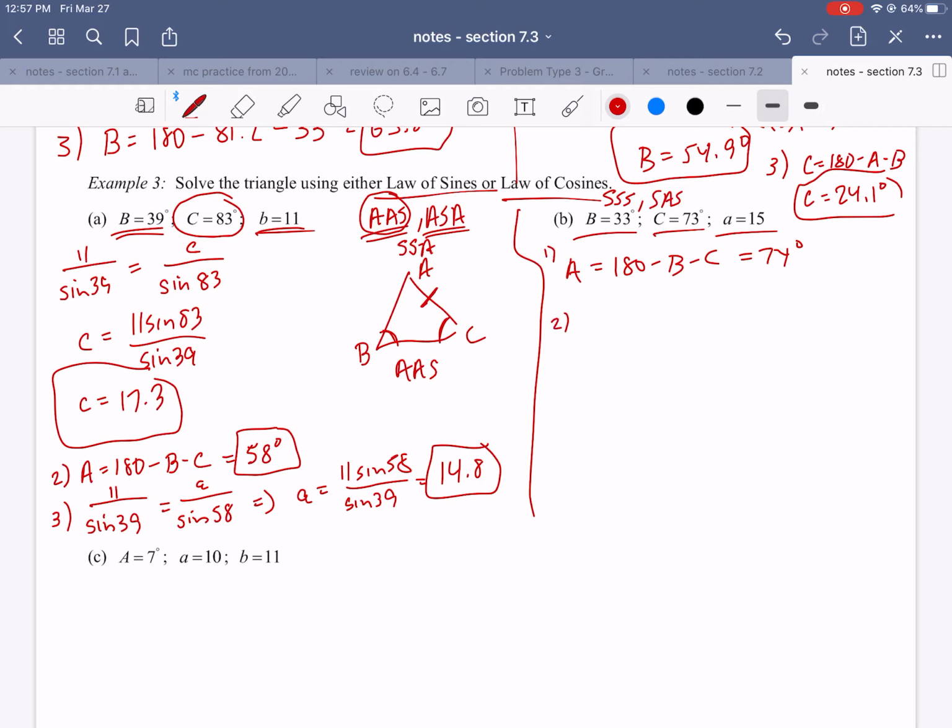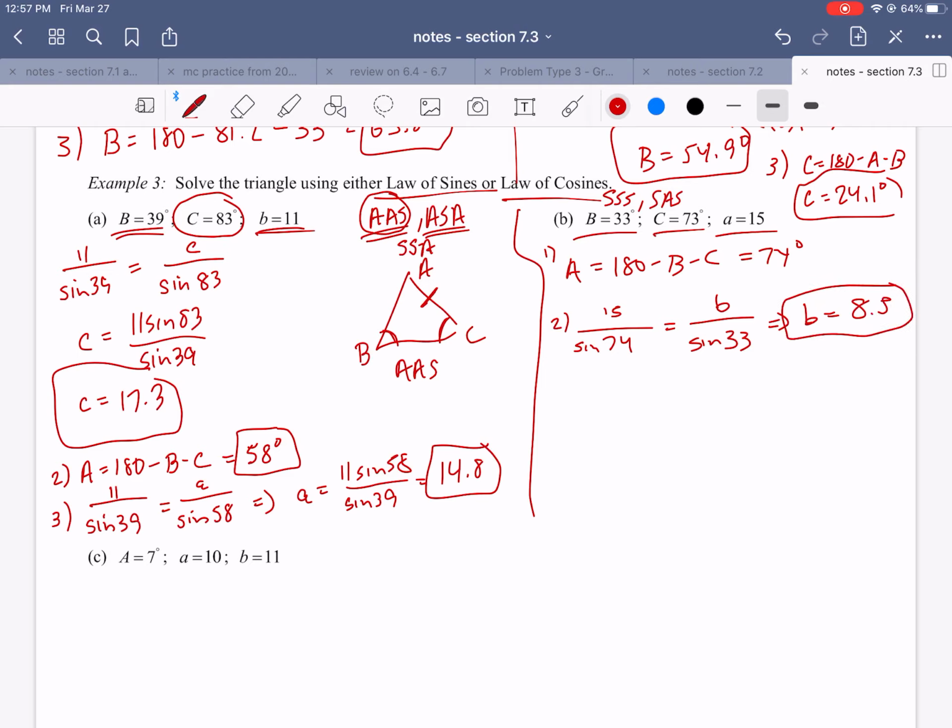Step 2 is now I need to find the other two sides, and it really wouldn't matter which one you found first, because in each case you're going to use the A ratio that you were given, which is 15 over the sine of 74. I'll just set that equal to the B ratio first, since, you know, alphabetical order and everything. So b divided by sine of 33, and when you cross multiply and divide, you're going to end up with b equal to 8.5.